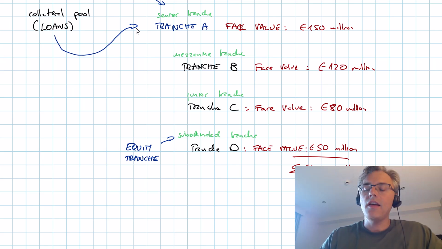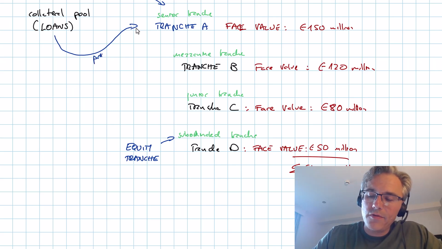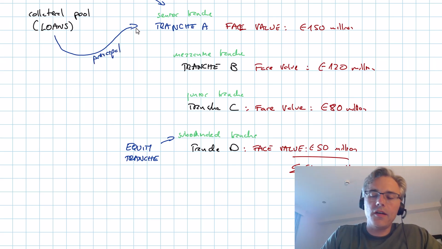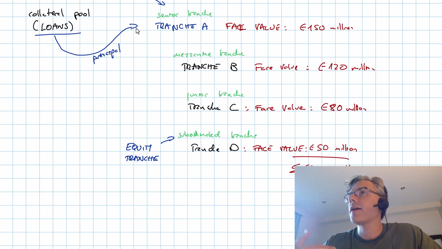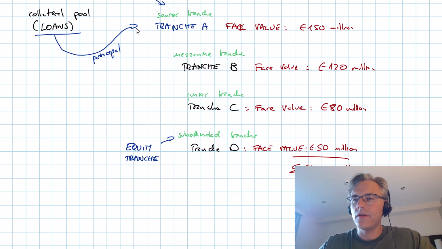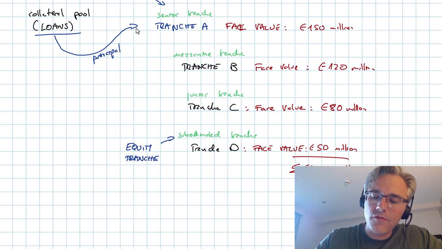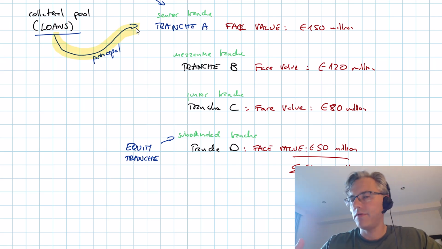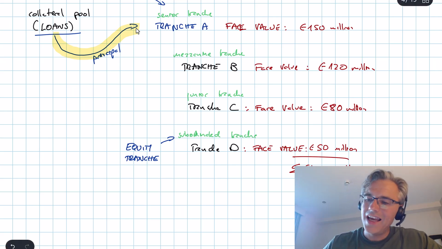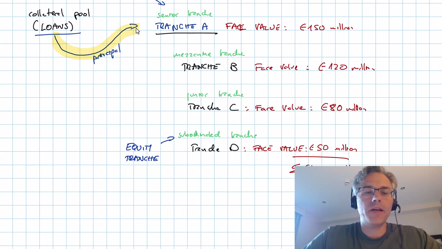The idea is, anything that is a repayment of principal, because borrowers who took loans also pay interest, but interest is shared between the tranches in a more continuous way. But when it comes to principal repayment, that's the repayment of capital on the loans, it is first directed at the investors holding tranche A asset-backed securities.